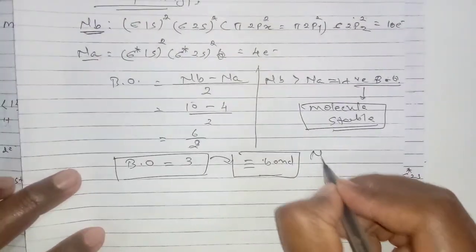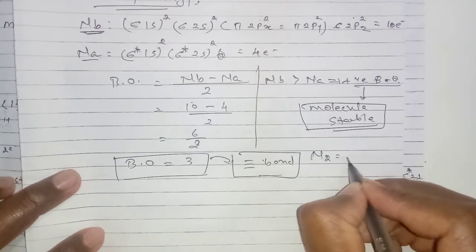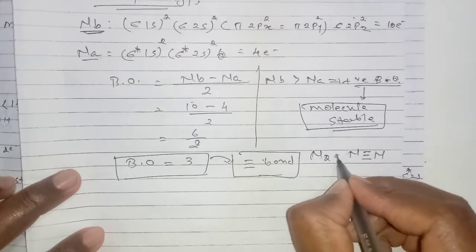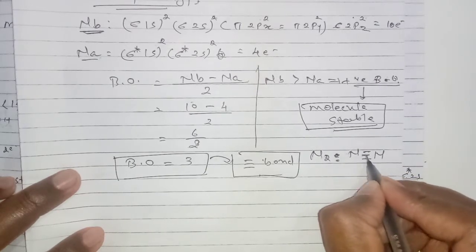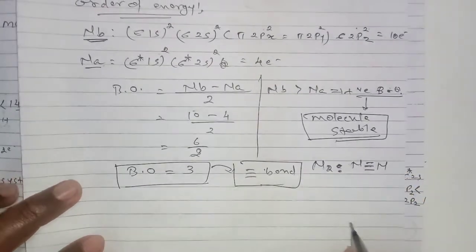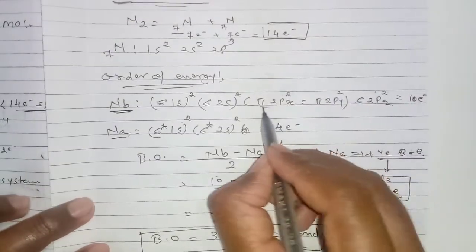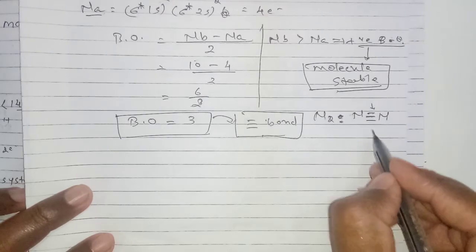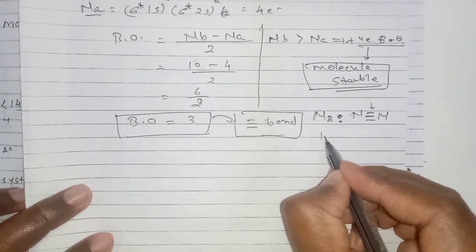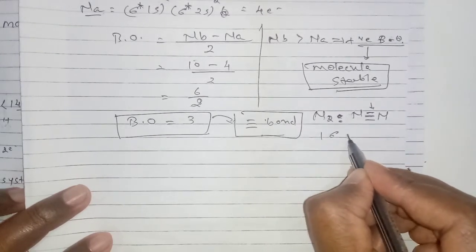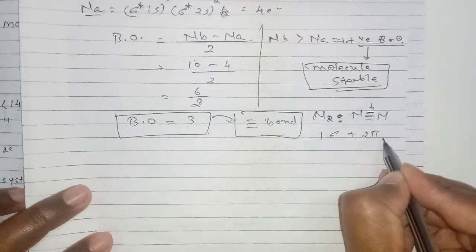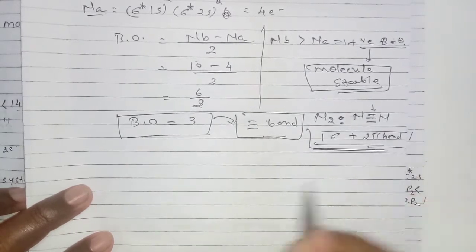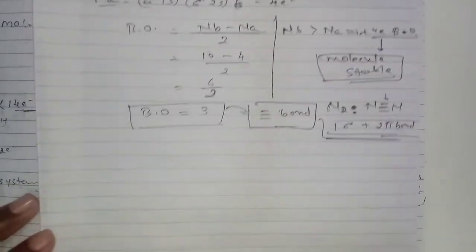So in the nitrogen molecule, there are 2 pi bonds and 1 sigma bond, 1 sigma plus 2 pi bonds present in the nitrogen molecule.